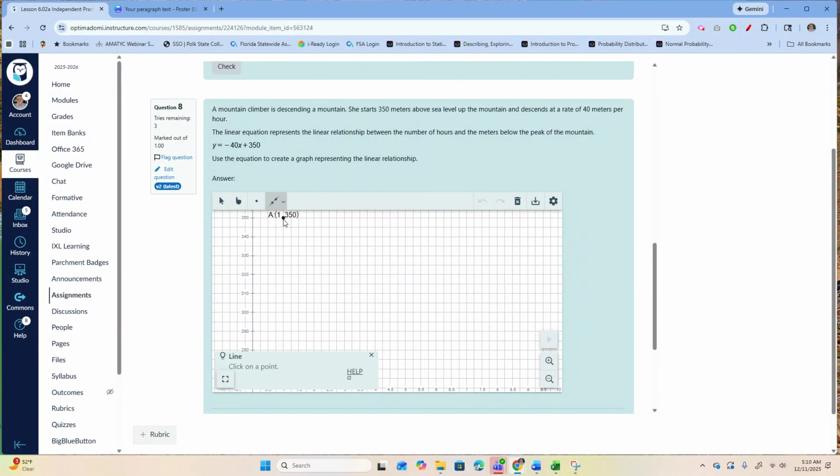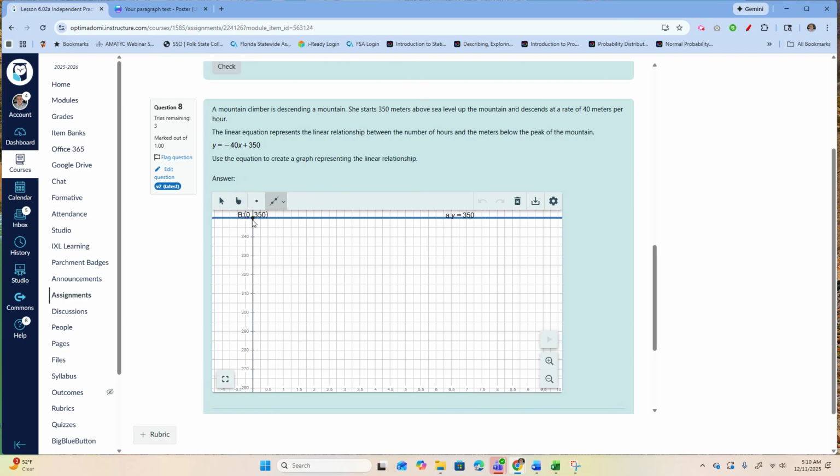Let's click the line tool. Let me close this out. Here's 350, see? Right there is 350. Now, the slope says negative 40. So that will be negative 40 over 1 because the slope is rise over run. Negative 40 doesn't look like a fraction, so I'm going to write negative 40 over 1.